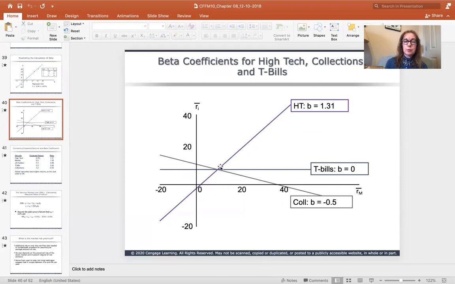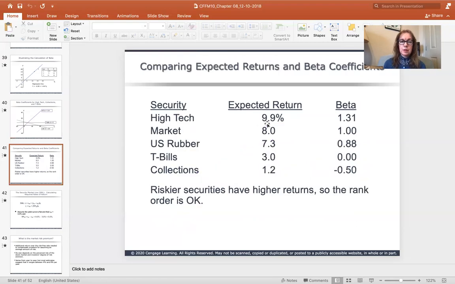When you calculate the required return for high tech, it's going to give you a line like this. Collections has a line like this. But typically, this is the risk and this is the return, and you typically end up with stocks clustering around this security market line, which they should show us later in the slides. We'll get to that.